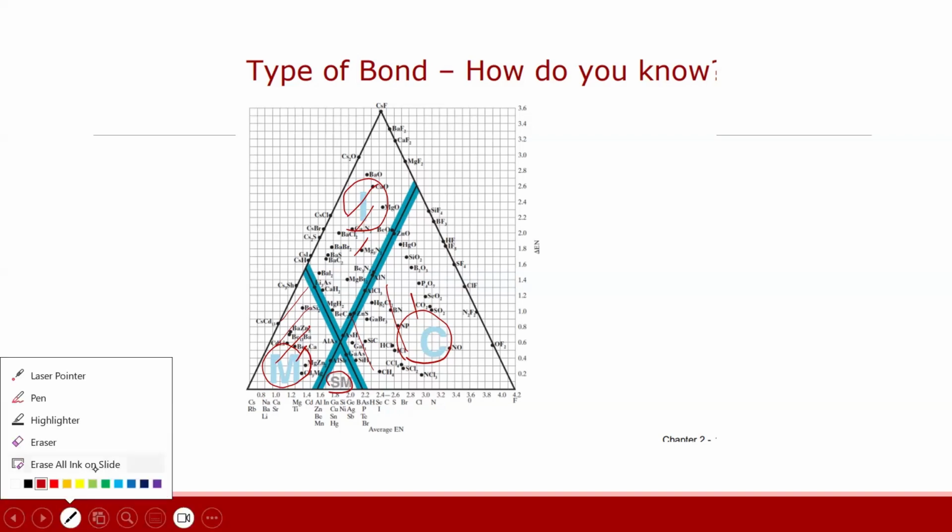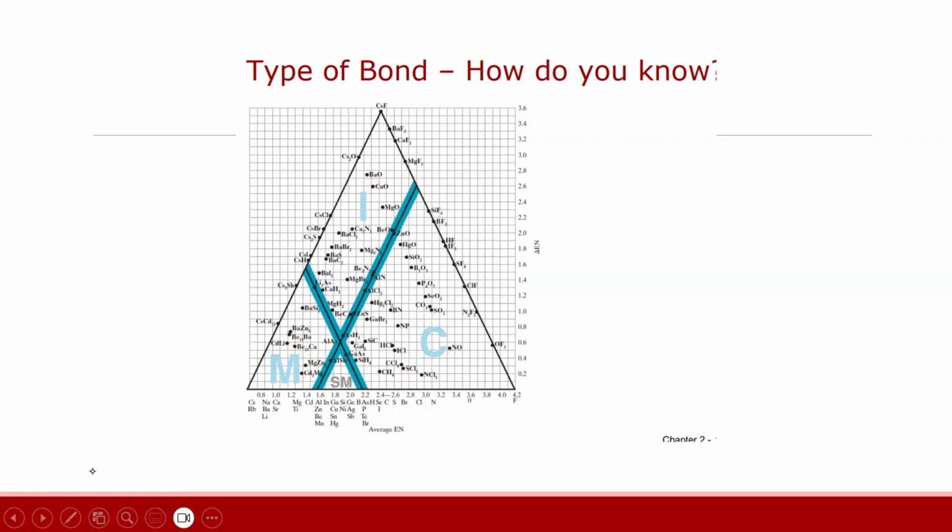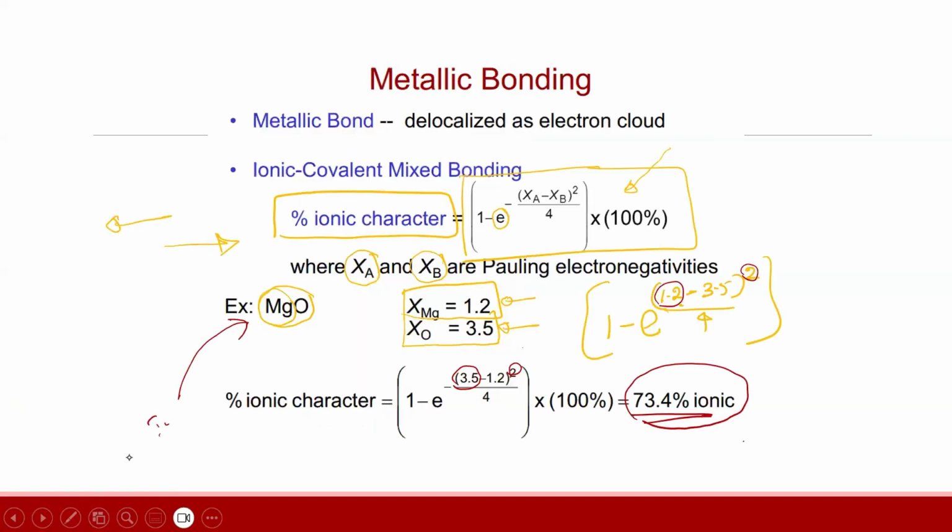Any questions? Ma'am, do we have to remember this graph? No, you don't have to remember this one. Mostly in your questions, we will give you these numbers and the equation, and we may ask you to find the percentage ionic character.